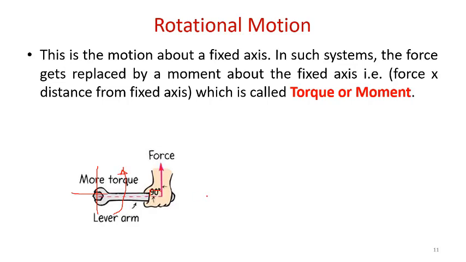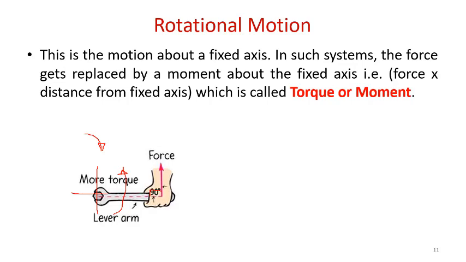The more distance we go from the fixed axis or turning axis, the more will be the torque applied or the turning moment. If it is applied in this direction, in an anti-clockwise direction, the torque will be called negative torque. If it is applied in a clockwise direction, then we call it a positive torque. So this is the notation which is taken.